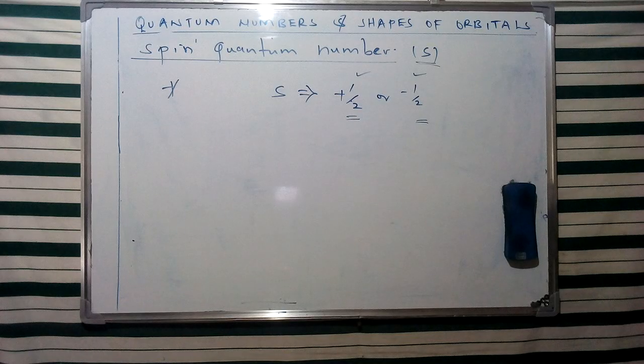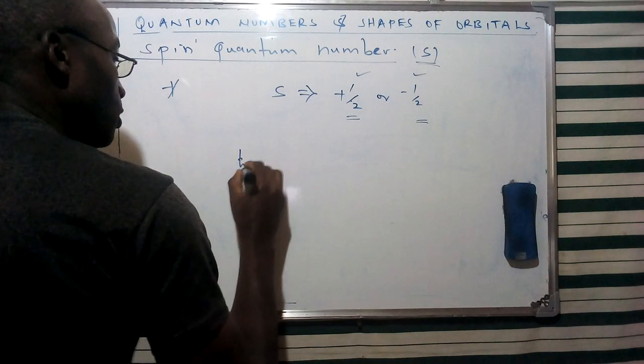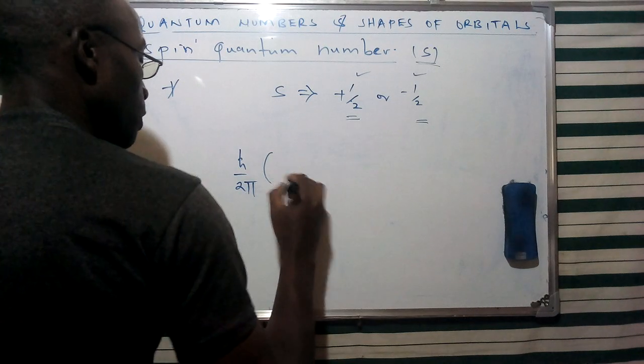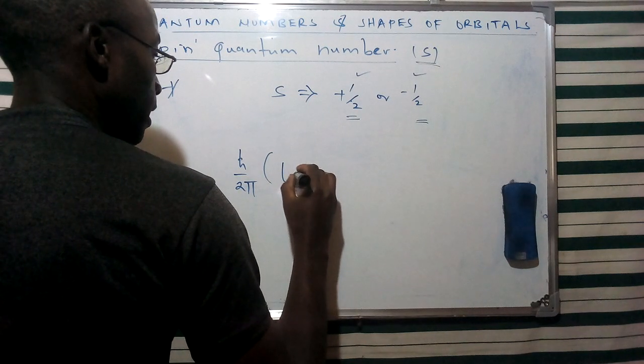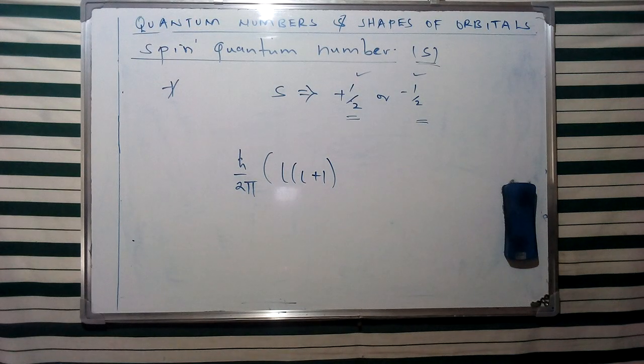Now, I mentioned from our previous discussion on the concept of the azimuthal quantum number that we can represent the orbital angular momentum using the value of h over 2 pi, multiplied by the square root of L into L plus 1, if I can remember that.